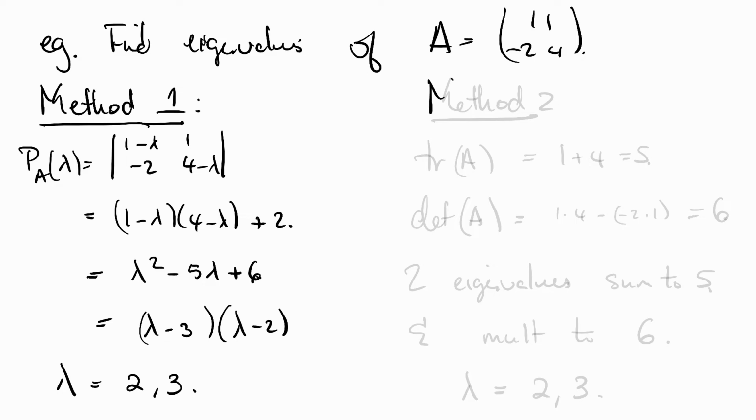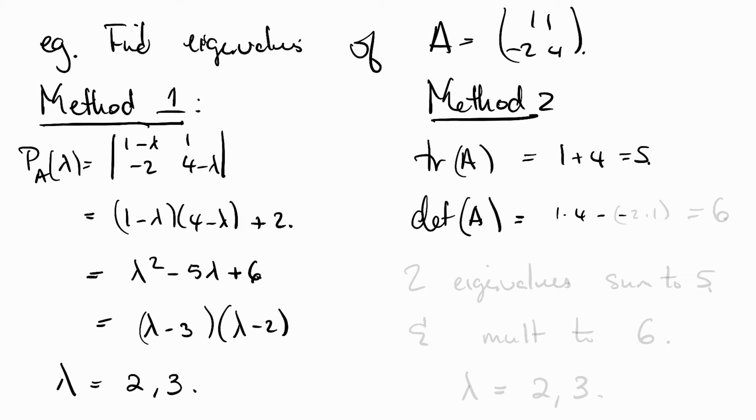And then we can do method 2. The trace of A is going to be the sum of the diagonal entries, which is 5. The determinant of A is going to be 1 by 4 minus 2 by 1, which is 4 plus 2, which is 6.